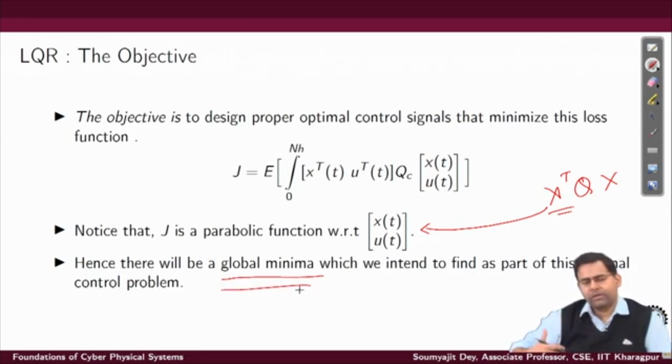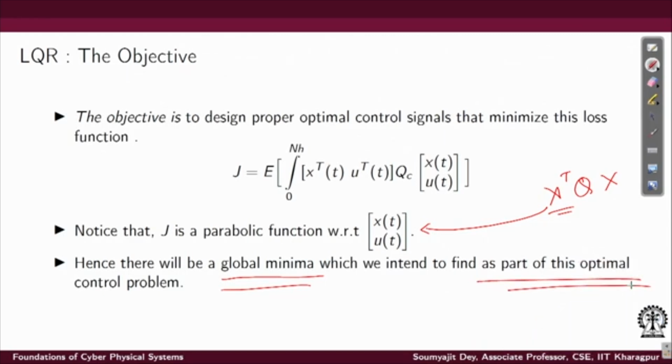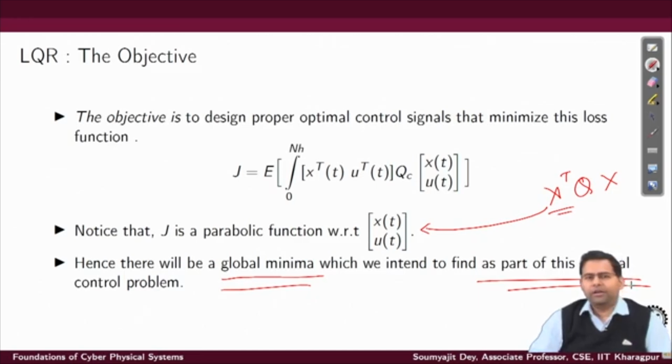Every parabola has a lowest dip, and that is the global minimum which we intend to find as part of this optimal control problem. We want to figure out the control input values for which this function will reach the global minimum, and that means if I choose those values, then we will actually have the system in its least energy state with the smoothest possible trajectory and the smallest possible control inputs.